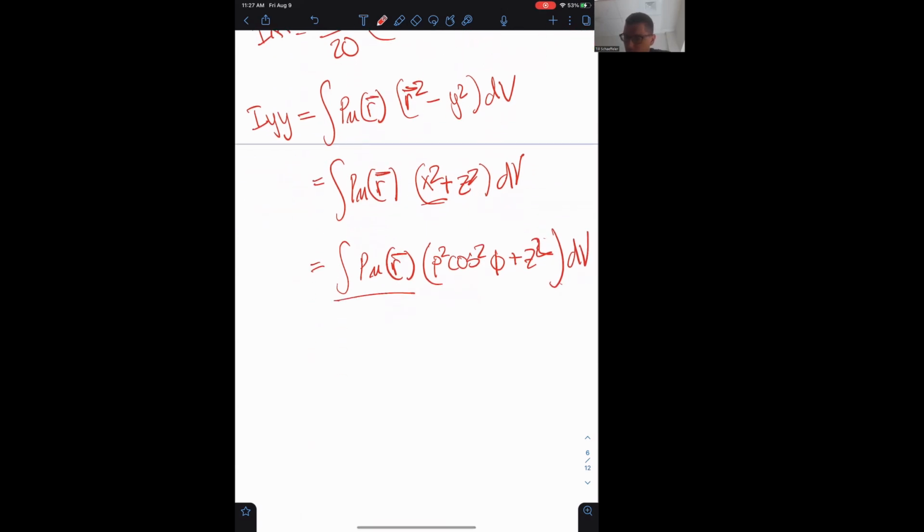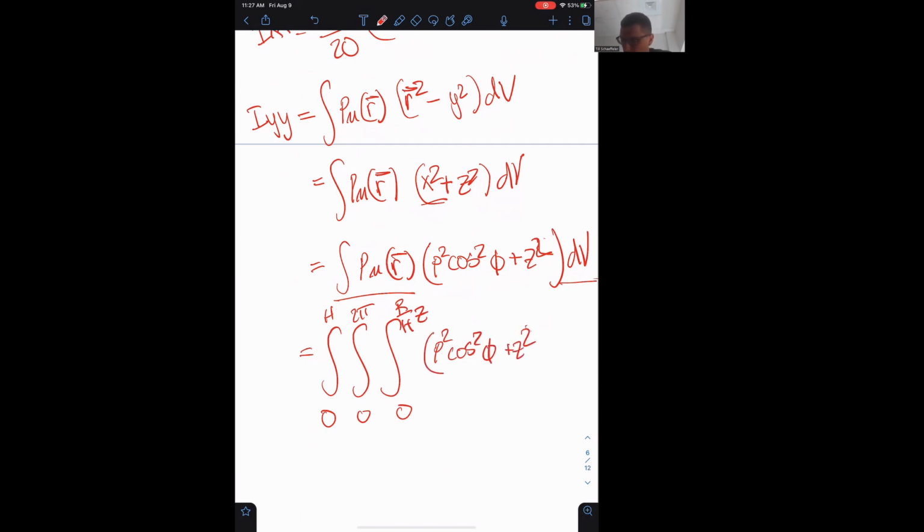Transforming this again into our triple integral with the correct boundary limits is 0 to h, 0 to 2 pi, and 0 to r divided by h times z, rho squared cosine squared phi plus z squared times rho, c, forgot the c, d rho d phi dz.